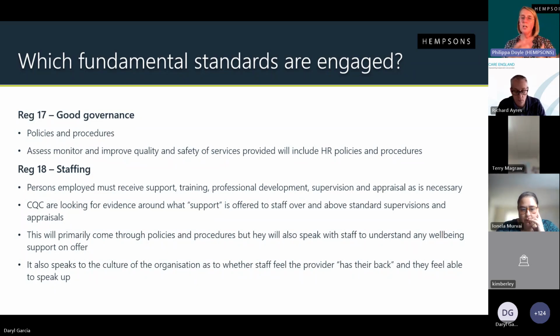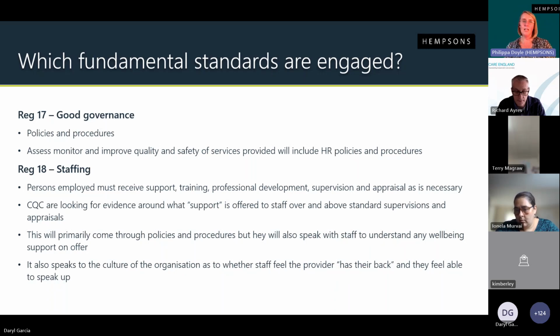Systems and processes includes your HR policies, your HR procedures, and all the support and wellbeing arrangements that services are putting in place to make sure that your staff feel valued and that they've got that additional support and guidance.